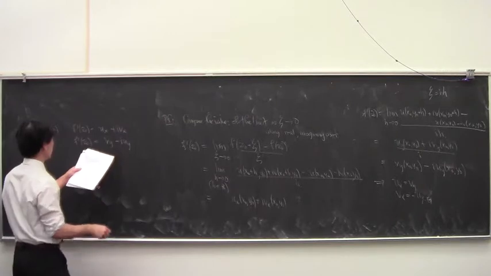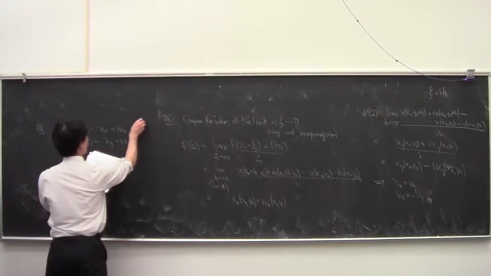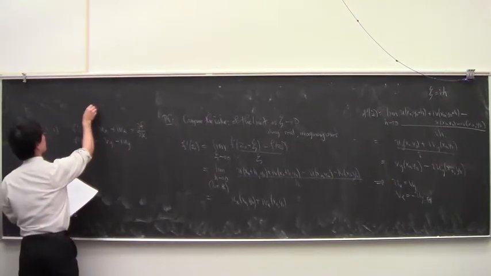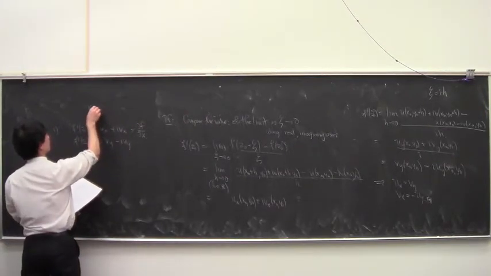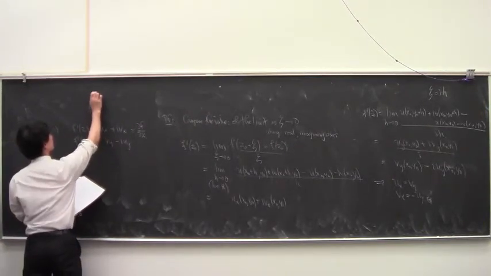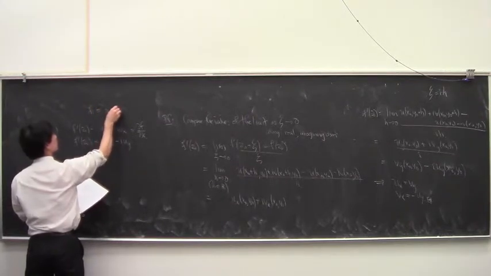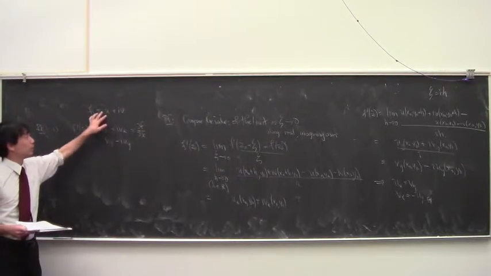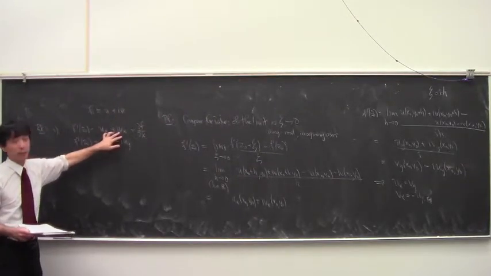That's what we just did. And we could write this, if we wanted, as the partial of f with respect to x, where f was u plus iv.